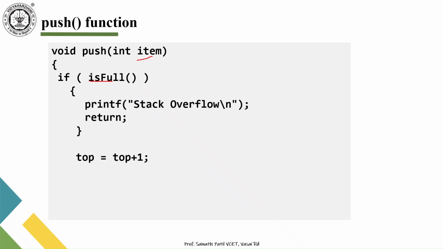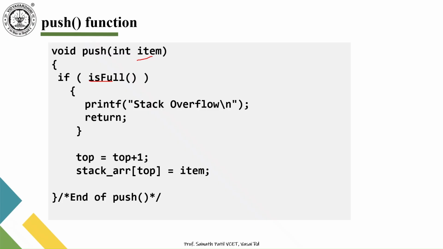Else, what do we do? We simply do top is equal to top plus 1, or top plus plus. So stack underscore array of top, top is the index which is incremented by 1, is equal to item. Now that parameter item will be assigned to stack array of top, and that is the end of the push function.